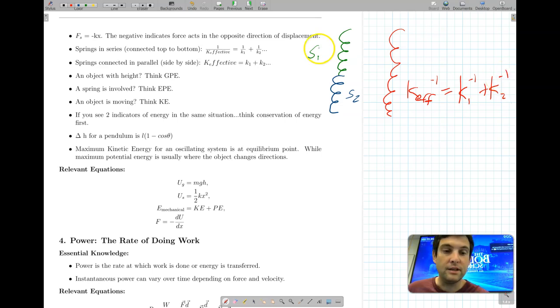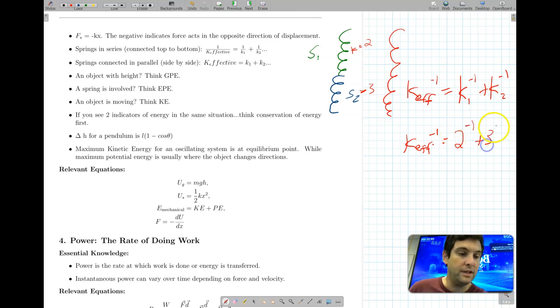As an example, let's say spring 1 has a K of 2, spring 2 has a K of 3. To find my effective spring constant here, it's going to be 2 to the negative 1 plus 3 to the negative 1. When I add those together, I'm going to get, well, let me do this. Might be easier to see.